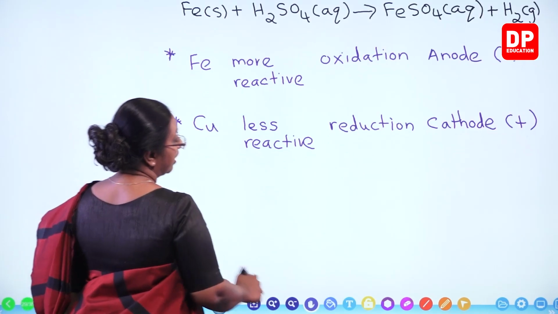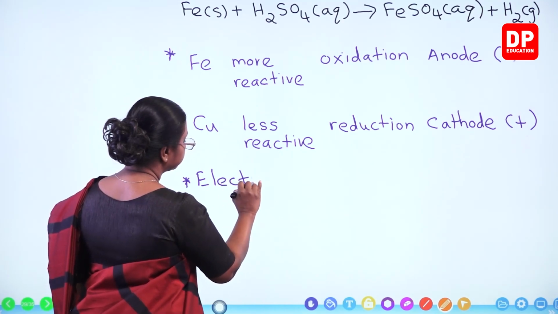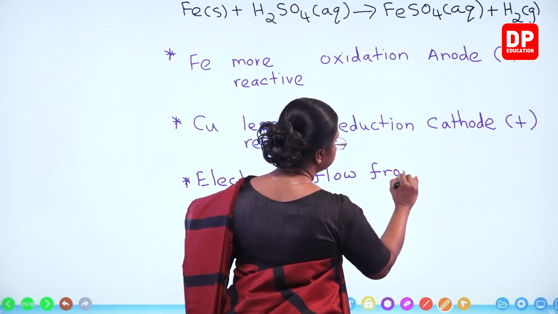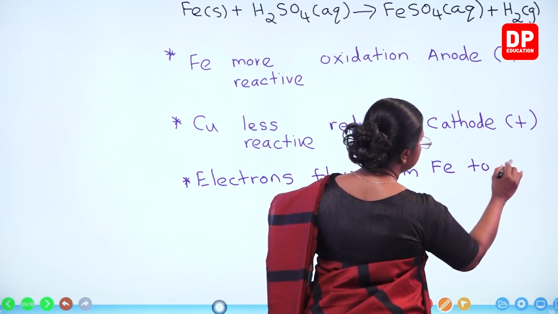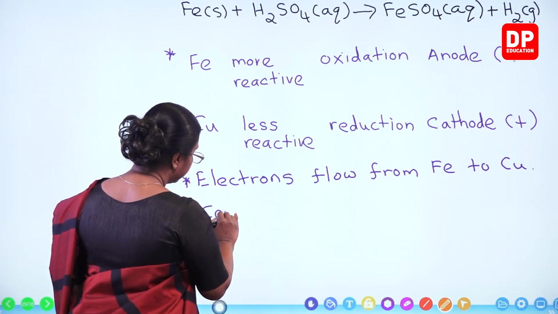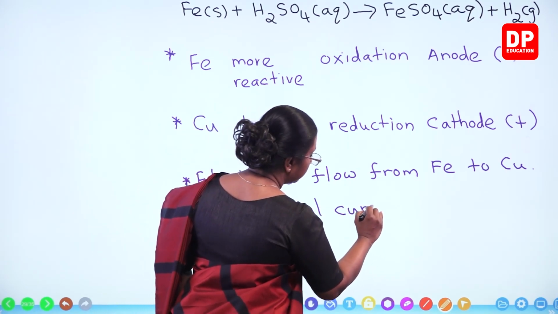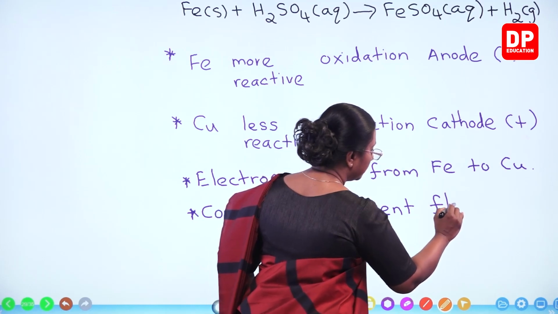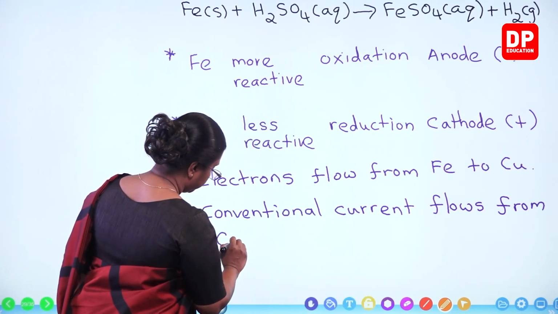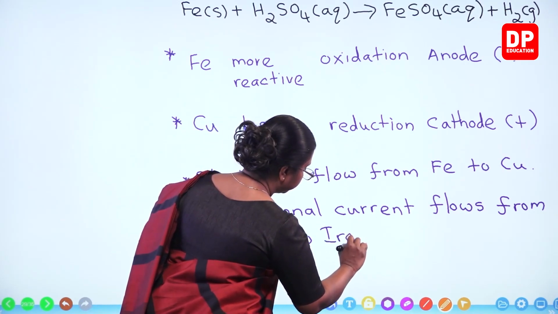And you have to remember electrons flow from iron to copper and conventional current flows from copper to iron.